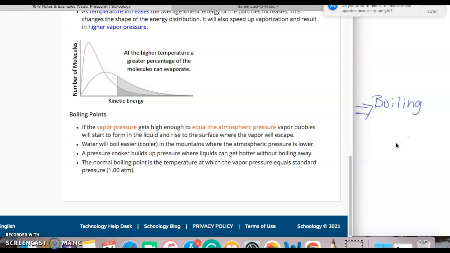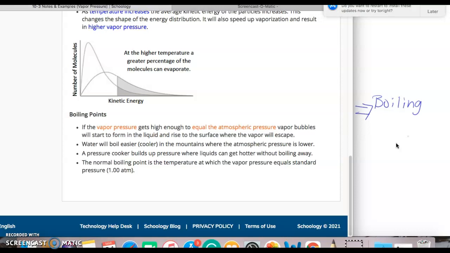So the lower the atmospheric pressure, or the higher up in altitude we are, the quicker it takes for our vapor pressure to equal atmospheric pressure, which is going to cause a cooler boiling point. And we can see the opposite if we went somewhere at a low altitude, such as the Dead Sea, and wanted to boil a pot of water there.